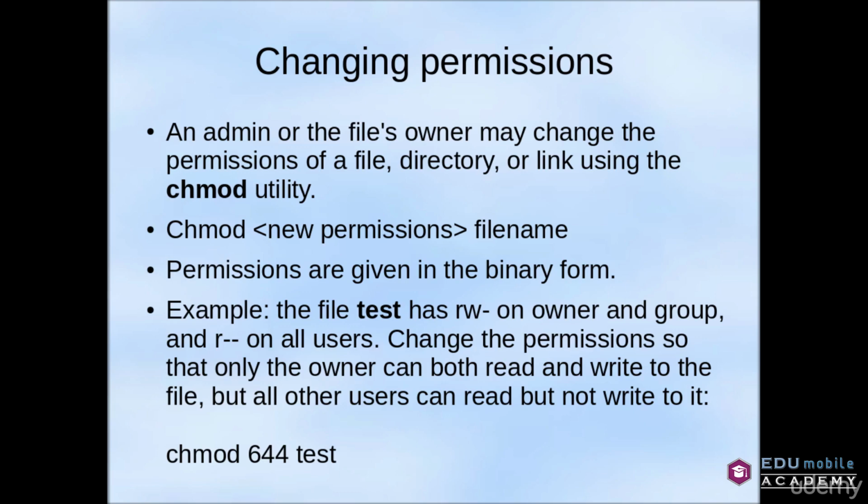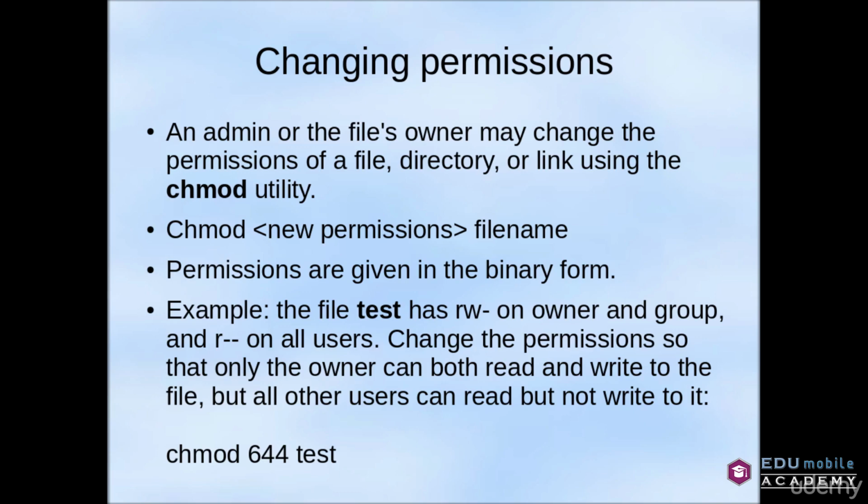So permissions are given in the binary form. There is another way you can give the permissions, but frankly I find that way a little bit less intuitive than just supplying the binary form of the permission. So for an example, we have a file named test, and it has read-write on the owner and the group, but read-only on all users.